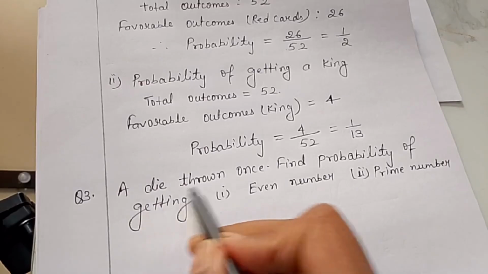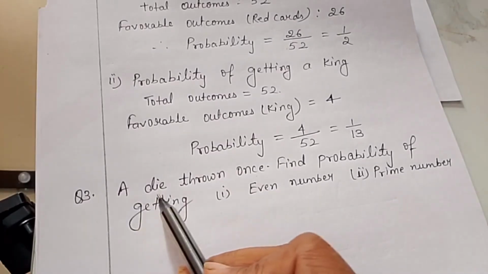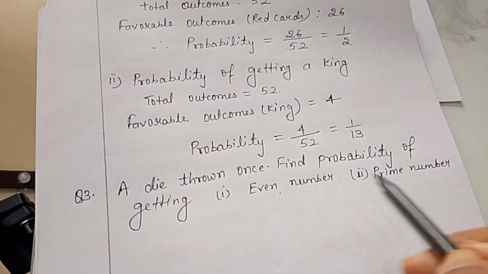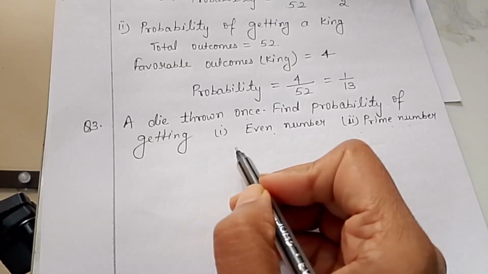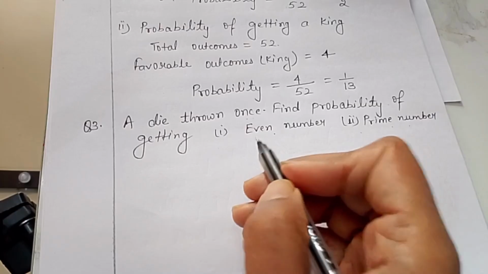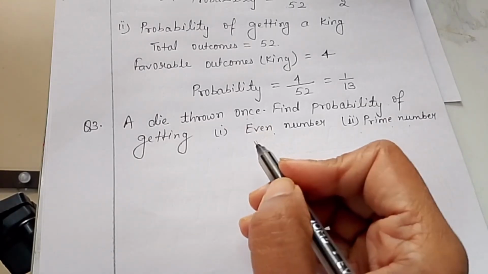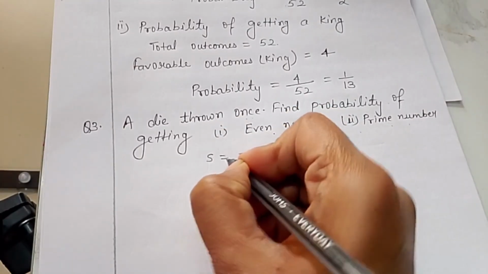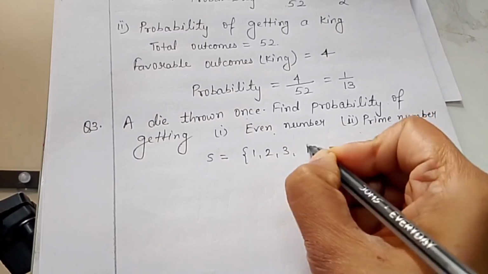Question number 3. A die is thrown once. Find the probability of getting an even number. Second one is a prime number. When we throw a single die, the first thing we need to do is list all the possible outcomes. Since a die has 6 faces, our sample space is 1, 2, 3, 4, 5 and 6.